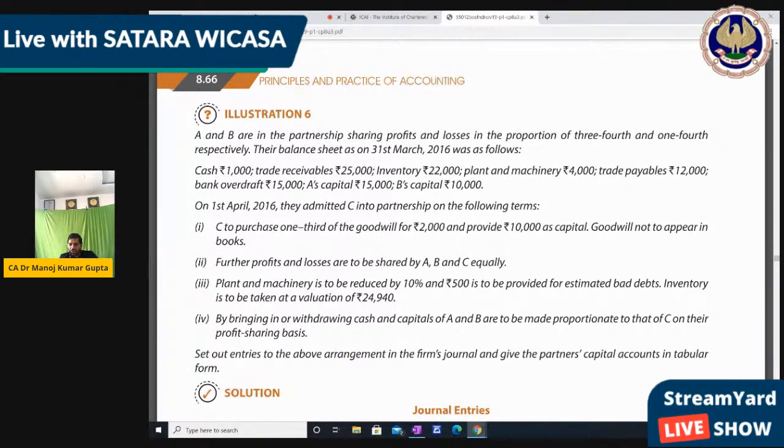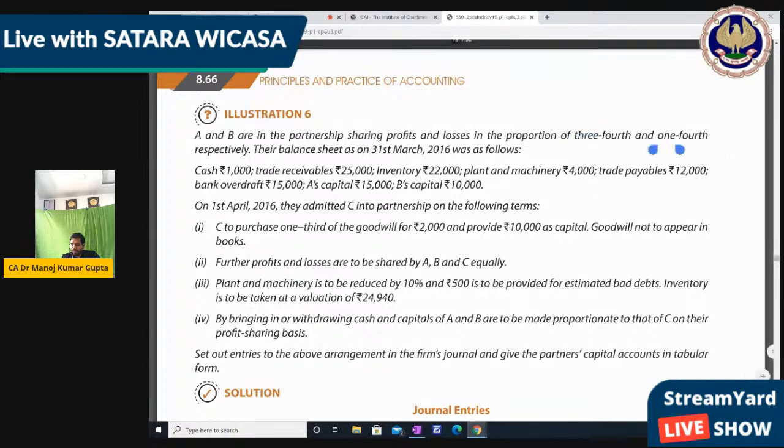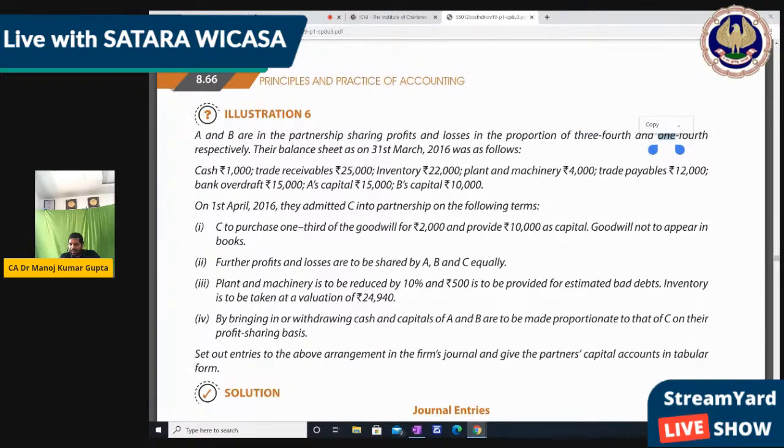Let's start. Question number 6. A and B are in partnership sharing profit and loss in the proportion of 3/4 and 1/4 respectively, meaning their ratio is 3:1, right? Their balance sheet as on 31st March 2016 was as follows.